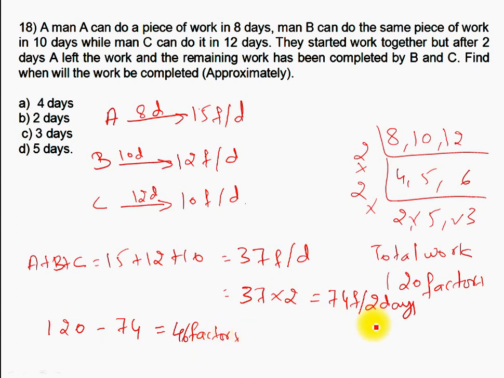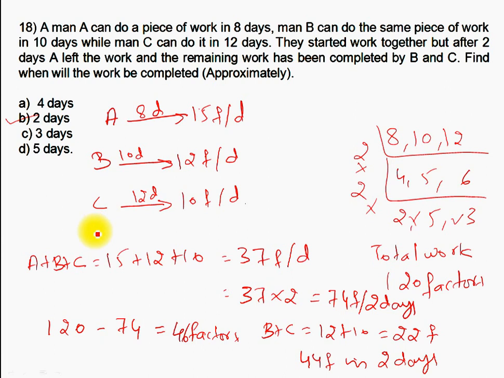Okay, the remaining work has been completed by B and C. So these 46 factors of work will be completed by B and C, that is B plus C, 12 plus 10, that is 22 factors per day. They will complete 44 factors in 2 days. Though in the question they have asked for approximation, we can say the remaining work will be completed in 2 days.